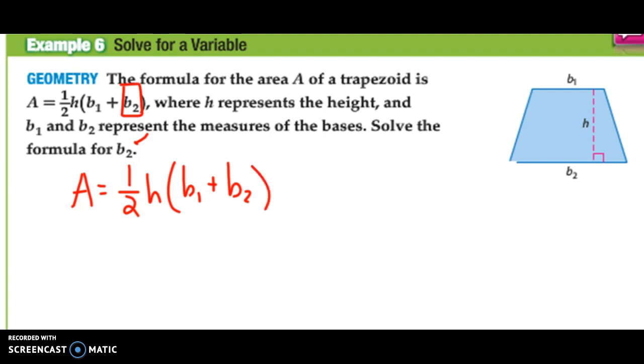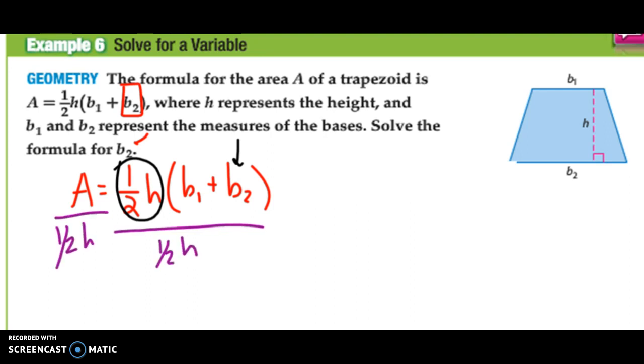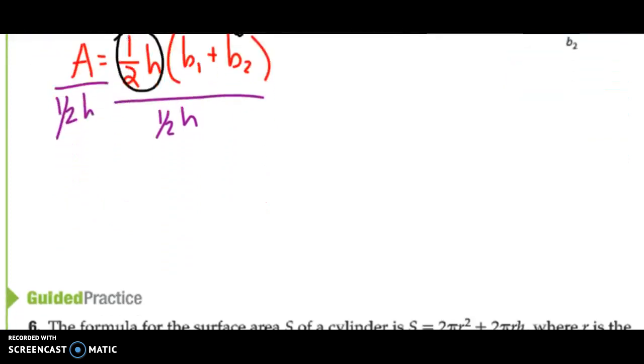Alright, so before I can get started with anything, if I'm going to solve for b2, I've got to move this 1/2 h. Anytime I'm trying to undo multiplying by 1/2 h, I have to divide both sides by the same thing. So A divided by 1/2 h is going to leave me with, well, 1 divided by 1/2 is just 2.